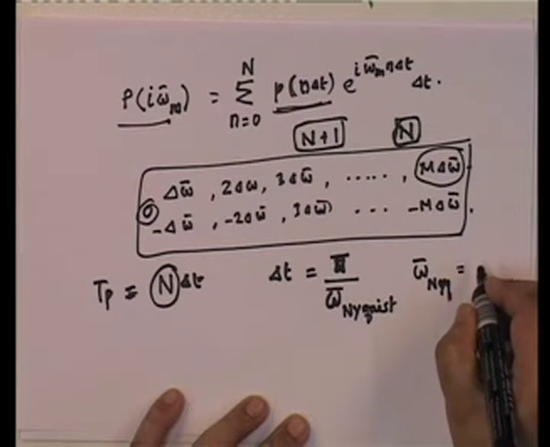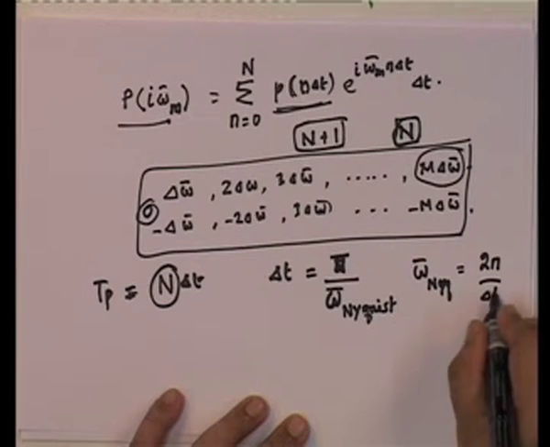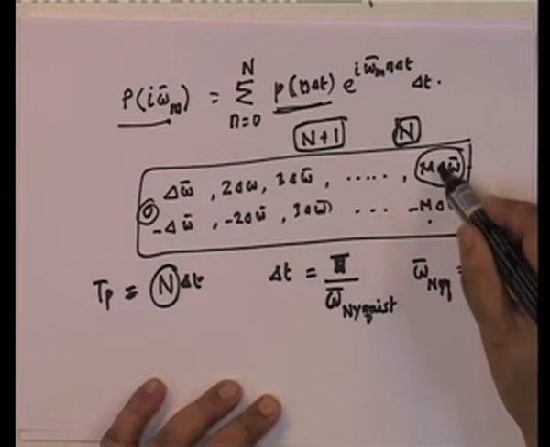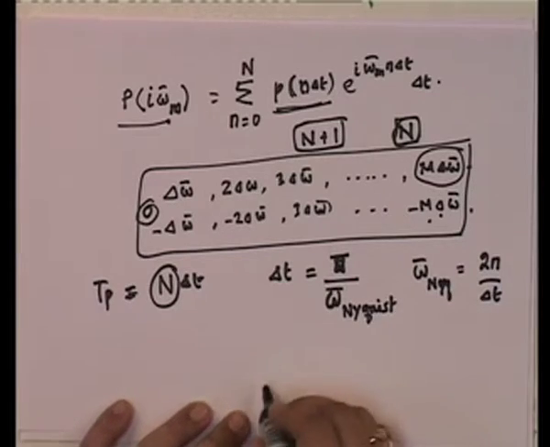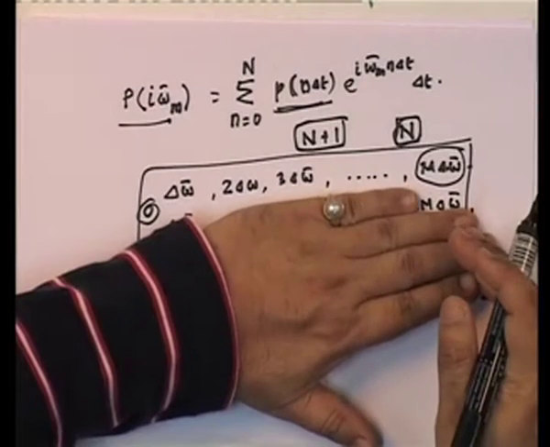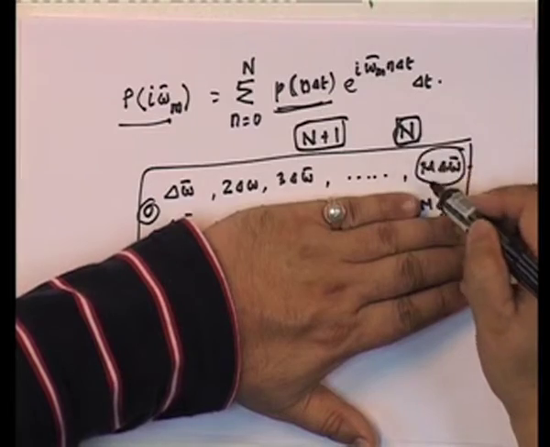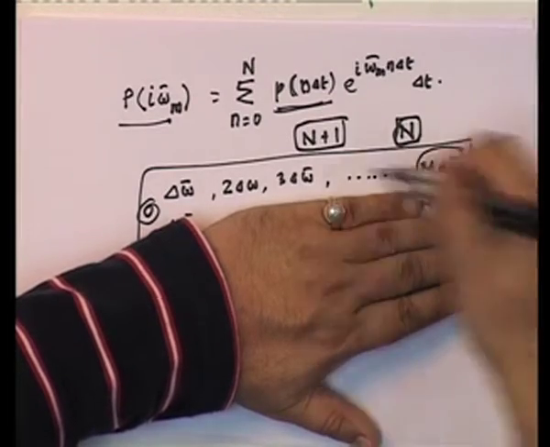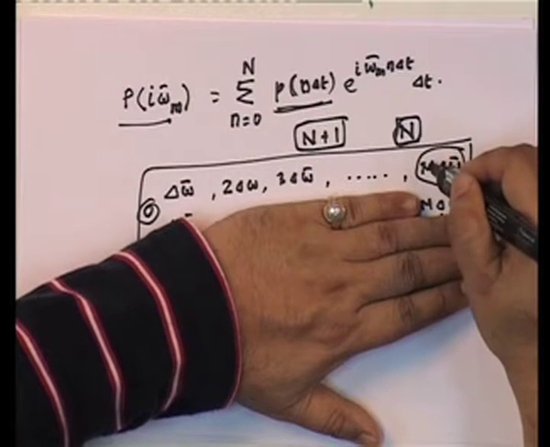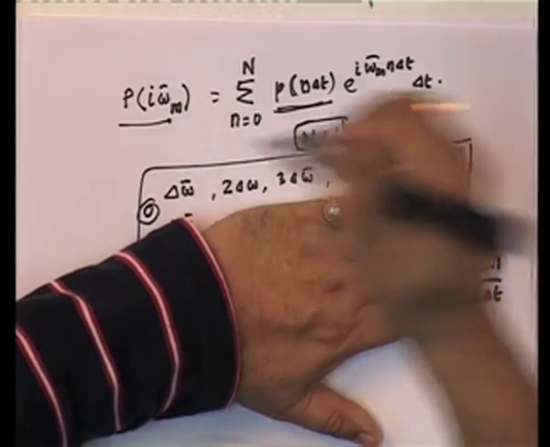Now, if you really look at it strictly, it should be 2 pi upon delta t, right. But you see, because you have to have plus and minus, you would think of the largest if there was no minus, and these terms n and m have to be the identical values, because they represent the same. Then what would happen? You would have a situation where if n was equal to m, then what would be the highest frequency?